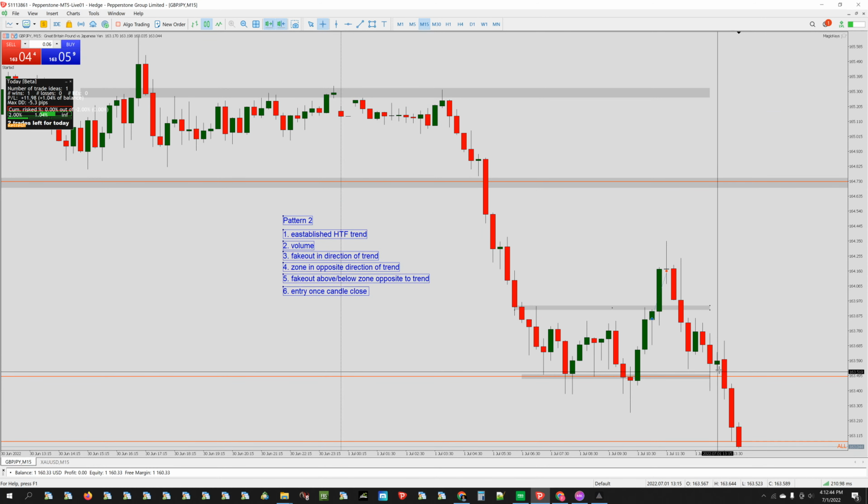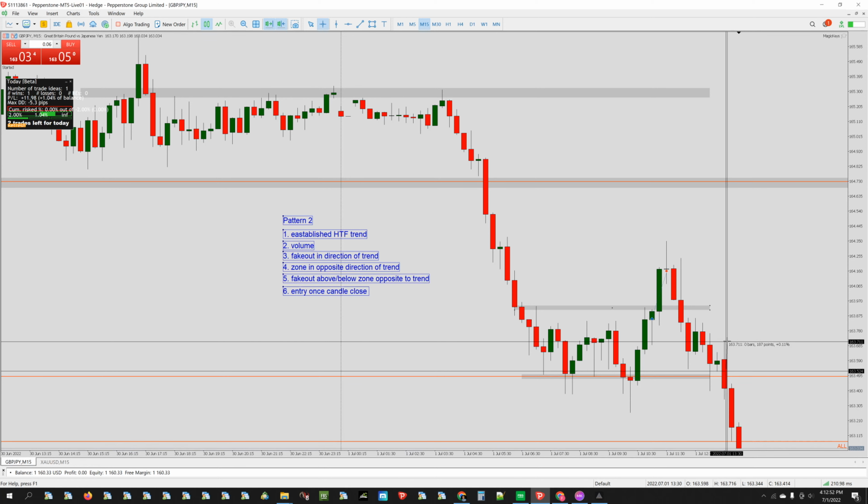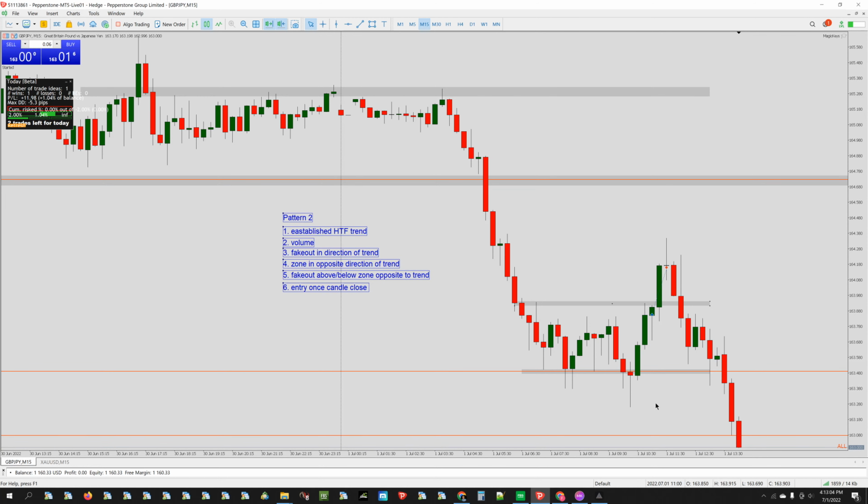Once this candle wicks up first and starts breaking the lows, this is our entry point at this area, and 18 pips was our stop, and we could have easily got about 48 pips on this trade. So this day was amazing, literally amazing.